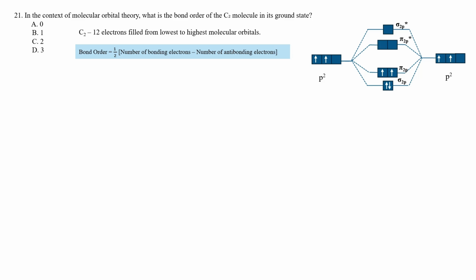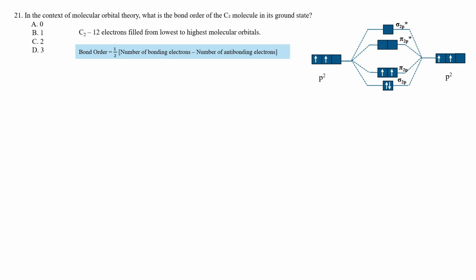So p2, 2 electrons in one carbon, and on the right-hand side another carbon atom's p2. In the middle we can see the molecular orbitals. So total 4 electrons from both carbon atoms get filled from lowest energy to highest energy. 2 electrons in sigma 2p and 2 electrons in pi 2p.